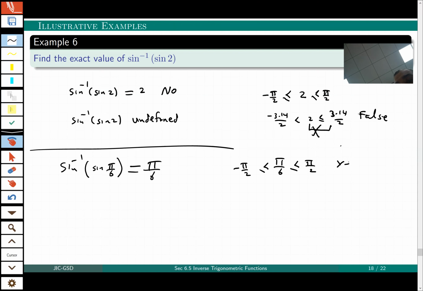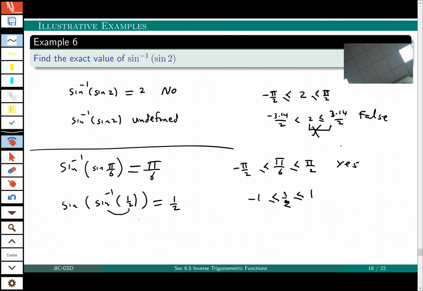This is true. That's why these are equal. Also, it will be true if I have sine of sine inverse of 1/2. That will be 1/2, because now x is inside the inverse and 1/2 must be between -1 and 1. I hope that is clear enough.